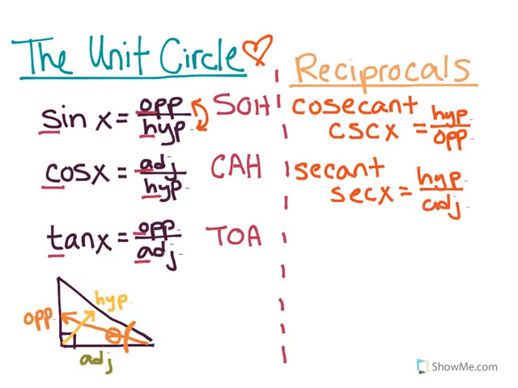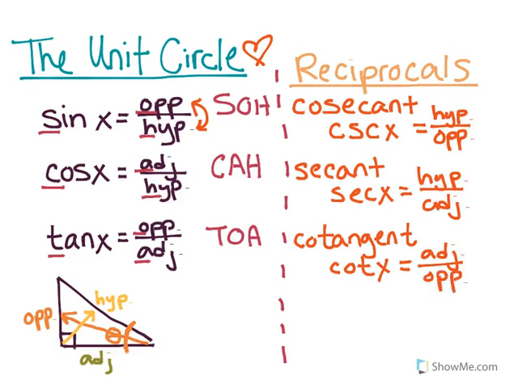And then last but not least, we have tangent, and his reciprocal function is cotangent, which is abbreviated as COT, and is the reciprocal of tangent, which would be adjacent over opposite. So those are the key 6 trig functions that we will consistently be working with.